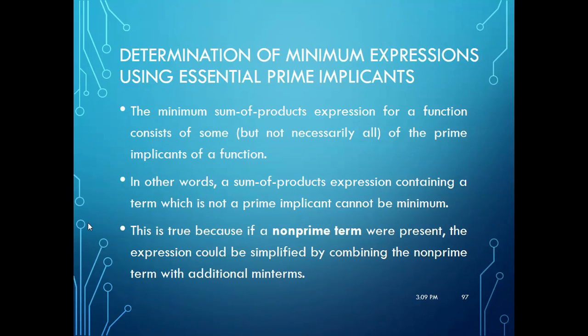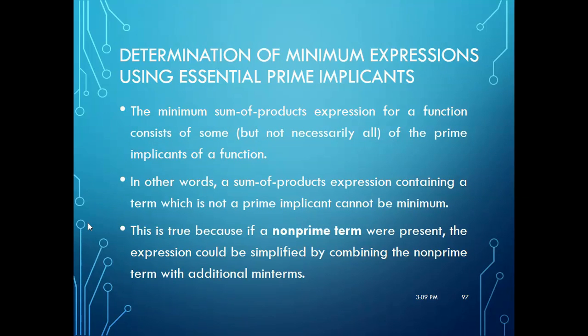In other words, a sum of products expression containing a term which is not a prime implicant cannot be minimum. If you have included a non-prime implicant in the expression, we are not going to consider it as the final expression because it is not minimum. The main aim is to get a minimum expression.